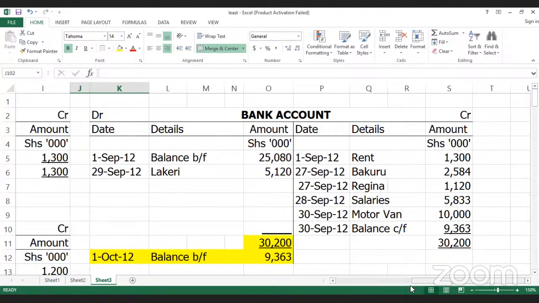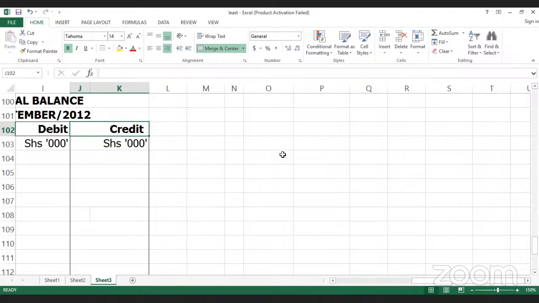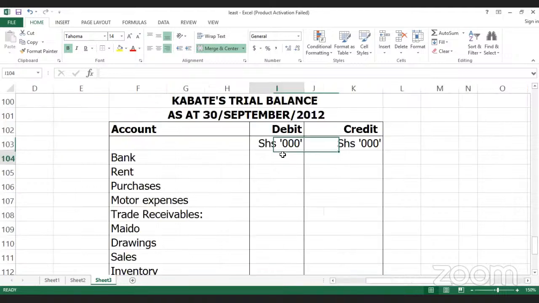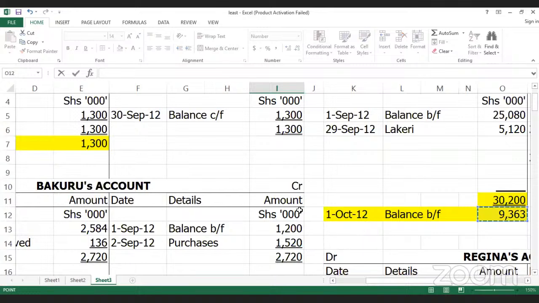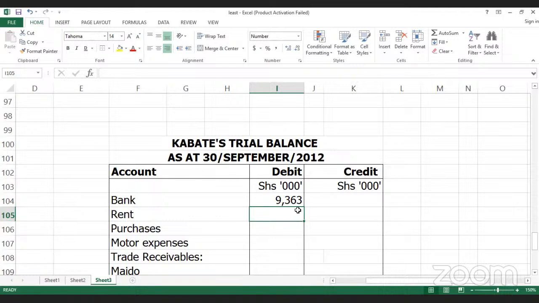We take that balance to the debit column of the trial balance. So bank, the balance is 9,363,000. That is your bank balance, on the debit.